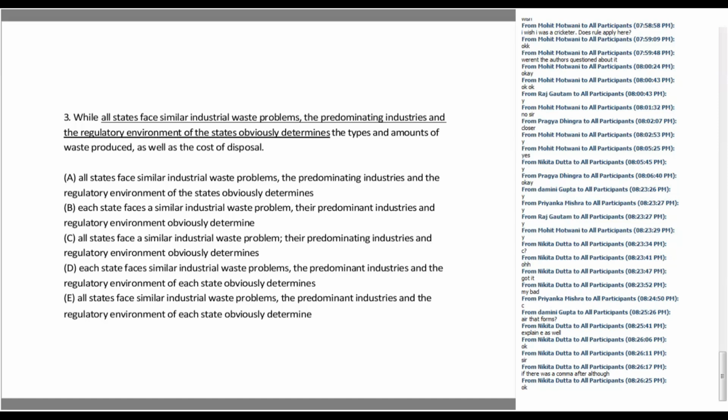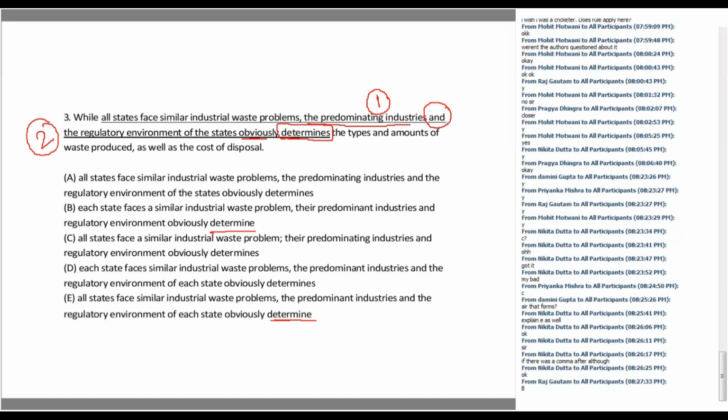If you see, it says the predominating industries, and so this is one, and number two, the regulatory environment. These are two things that obviously determine. This is plural. It cannot be "determines" because there are two things, which means that your answer can either be B or it can be E.